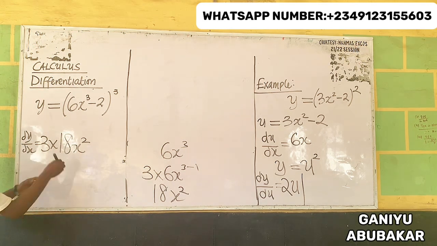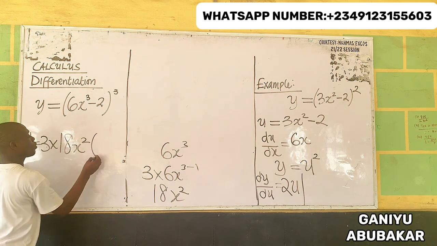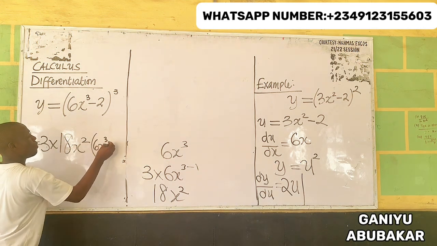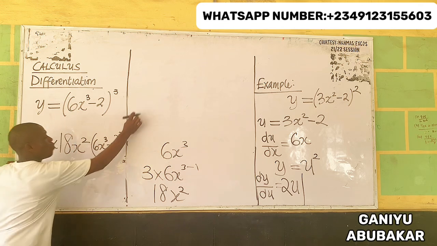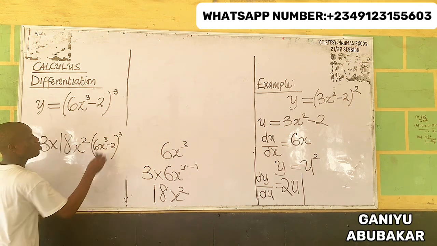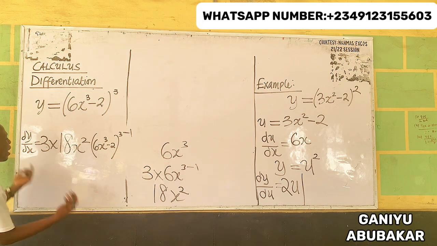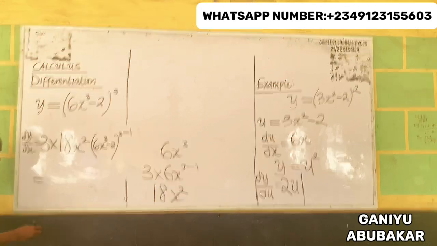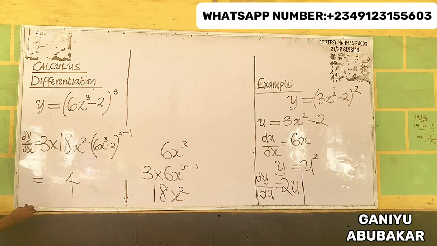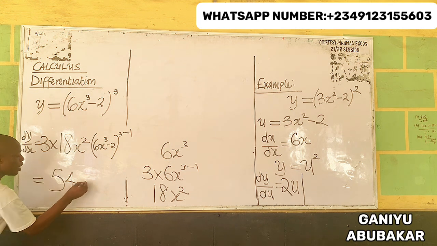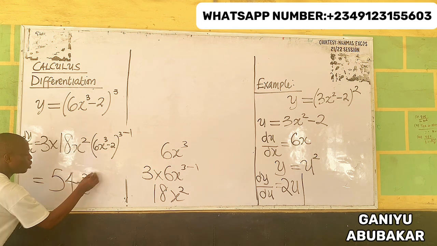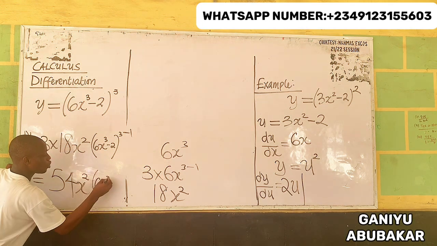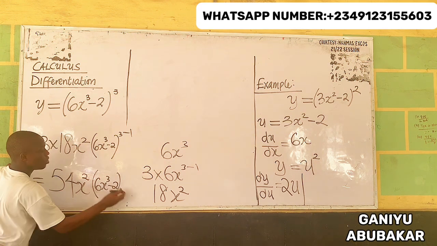What next? Repeat the question. What's the question there? 6x cubed minus 2 to power 3. What next again? Subtract 1. Are we good? What's my answer? Multiply what I have here. 54, 54 what there? 54x squared into 6x cubed minus 2, all to power 2.